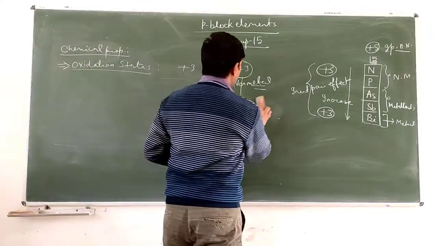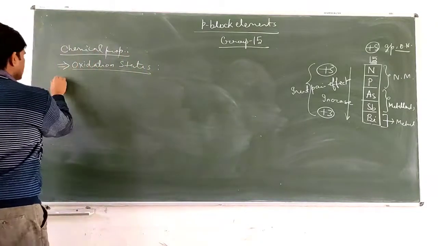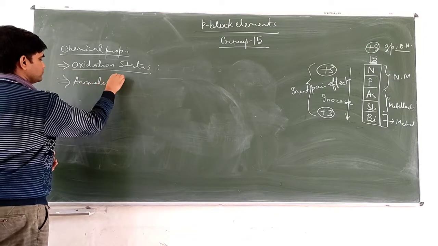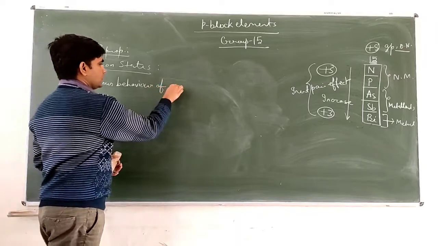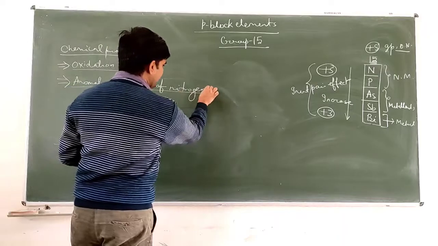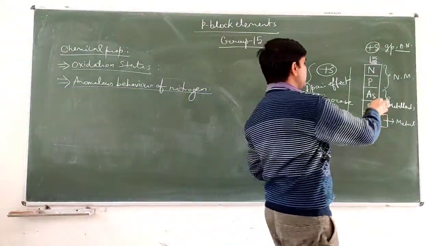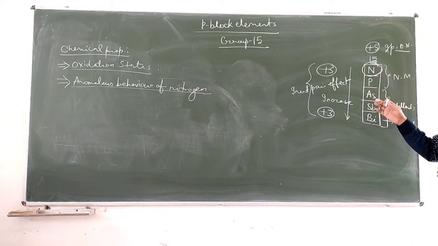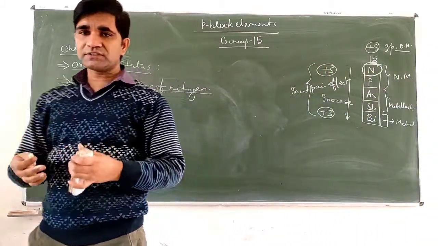Next topic is the anomalous behavior of nitrogen. As we know, the first element of any group of the p block exhibits different behavior compared to the other members of its group. There are four reasons for the anomalous behavior.